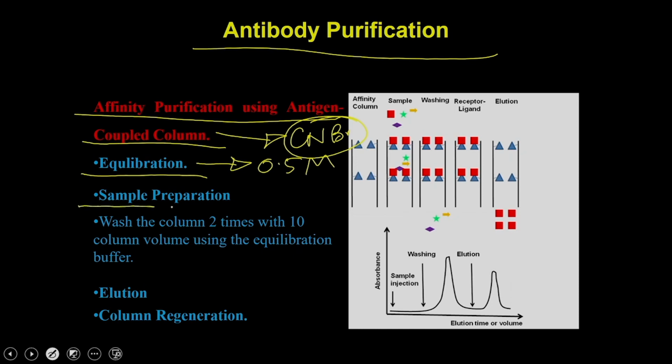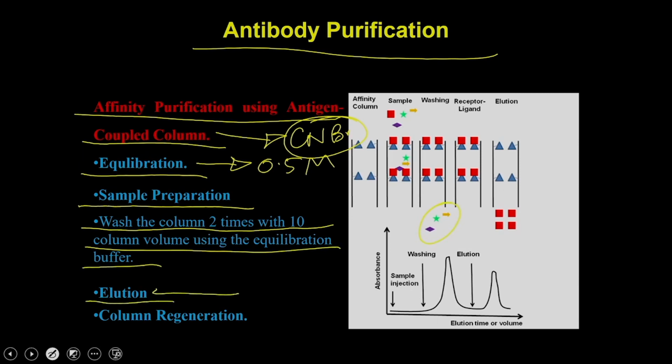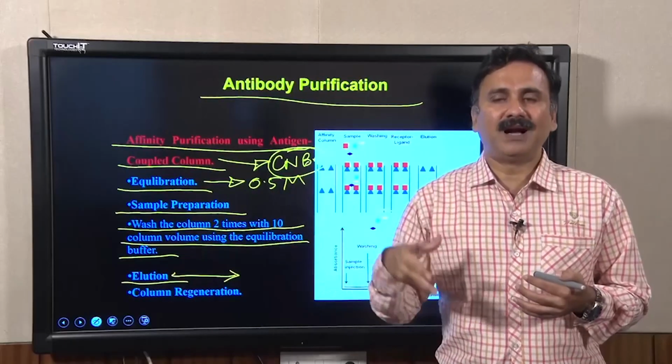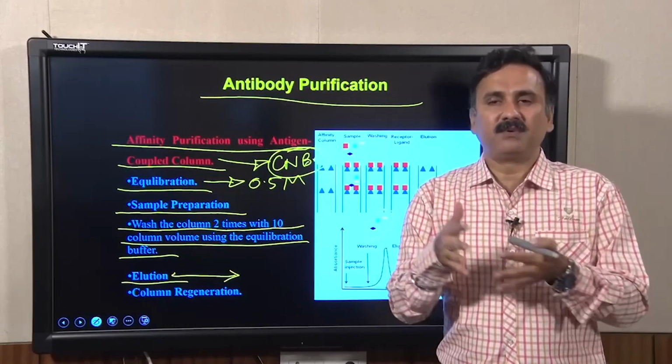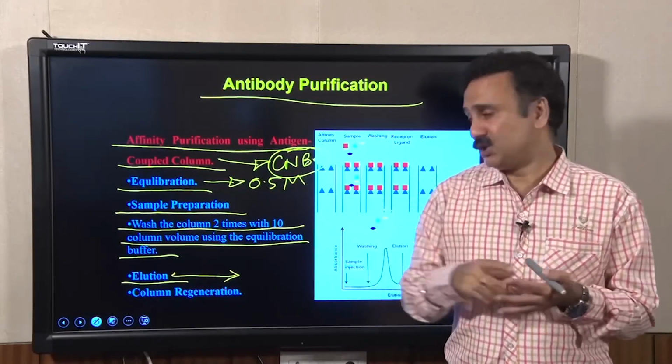Then you prepare the sample, and wash the column 2 times with 10 column volumes of the equilibration buffer, which removes the non-specifically bound proteins. And then ultimately you do the elution. Elution in this case can be done either with counter ions, or with chaotropic salts, or by using different pH, so you can reduce the pH.